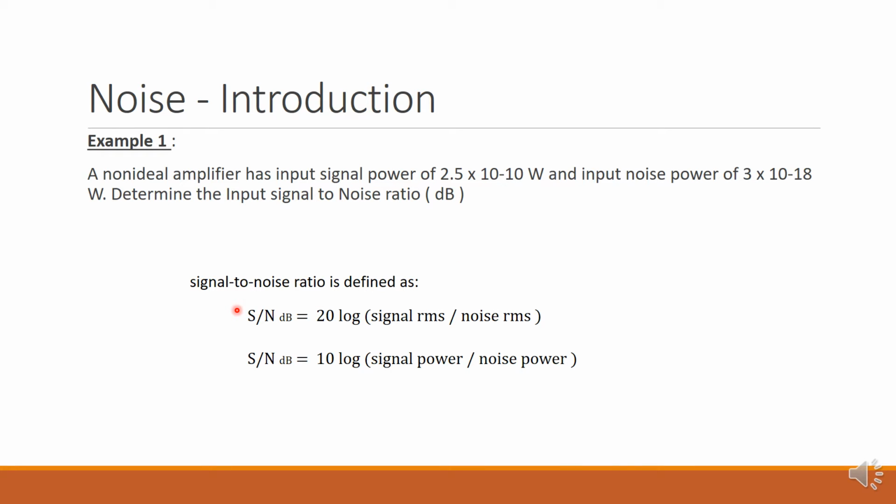As in the previous slides, we have two equations to determine the signal to noise ratio. You can revise the previous slides to check which is the correct equation to use for this kind of problem. You may take your time to pause these slides to do the exercise.